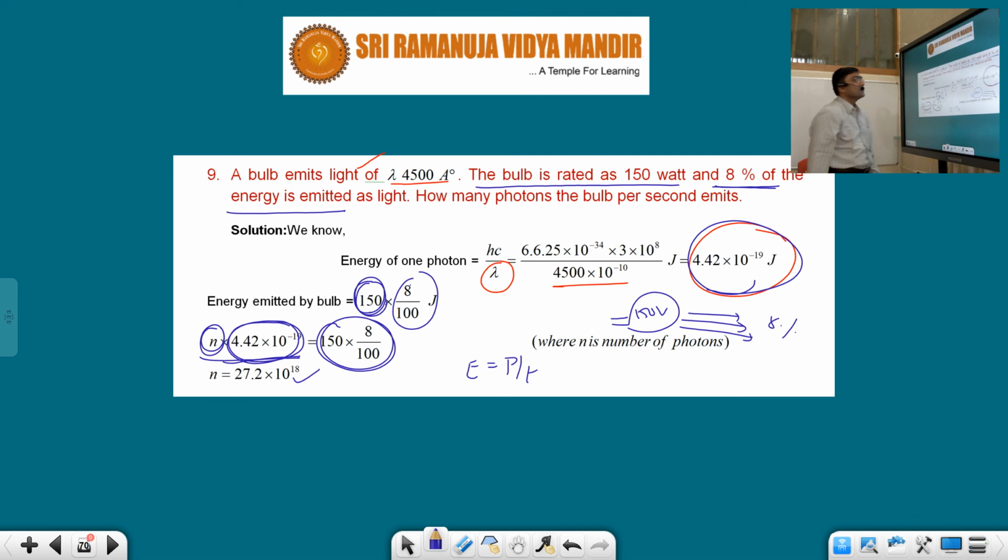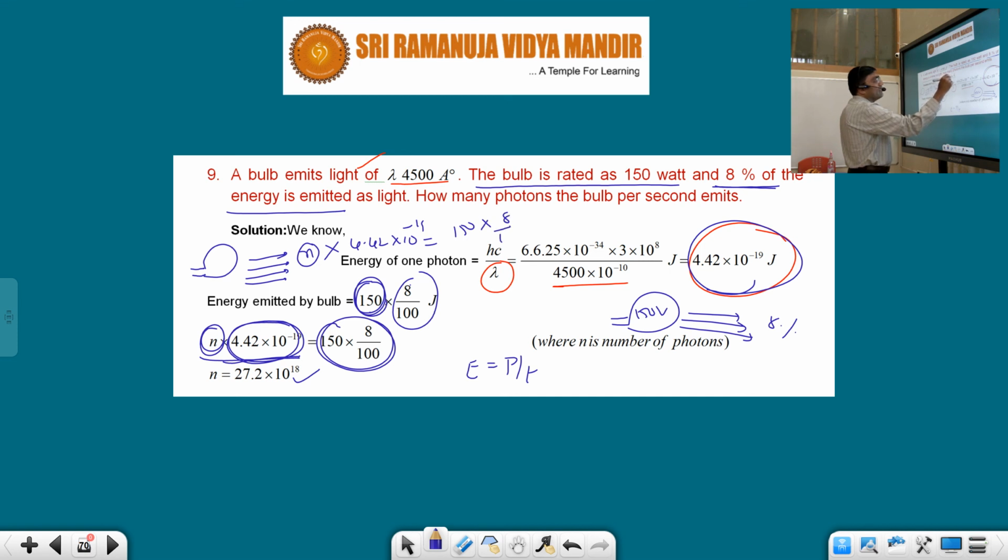So you get the number of photons. I hope you understood. Here the bulb is emitting some photons. How many photons? We don't know. With how much energy? This much energy, 4.42 into 10 power minus 19. What is the wattage? 150. How much is the output? 8 by 100. I hope you understood this question.